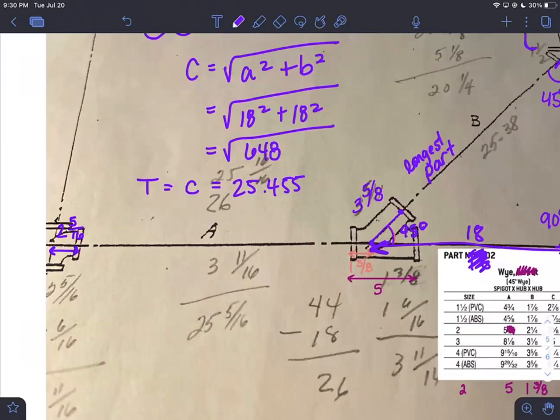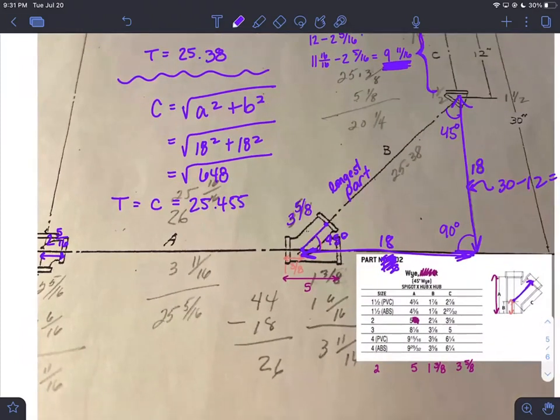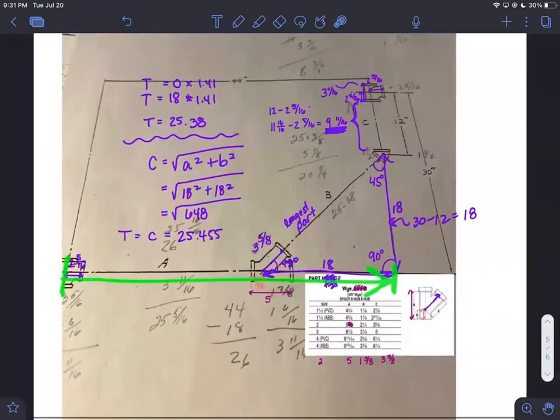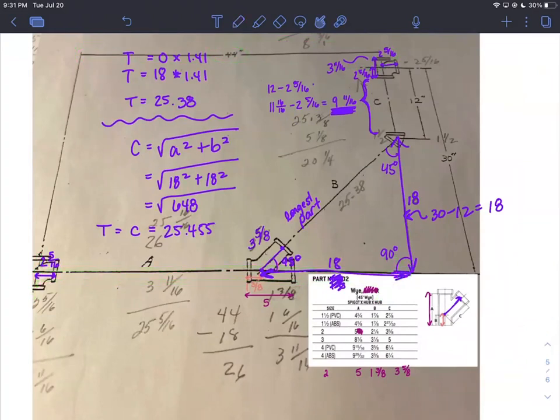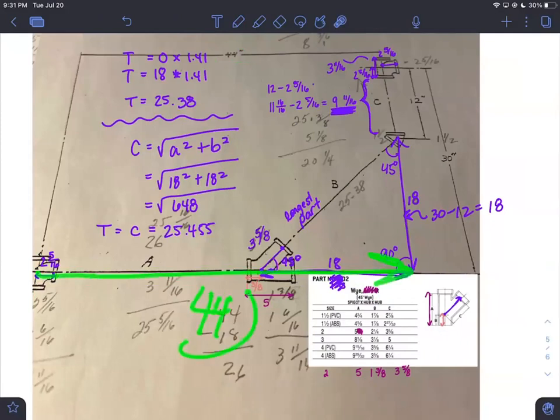I also know that this total distance from here to here is the same as this total distance because they are pieces of my rectangle. So I know that this whole thing, this is 44.